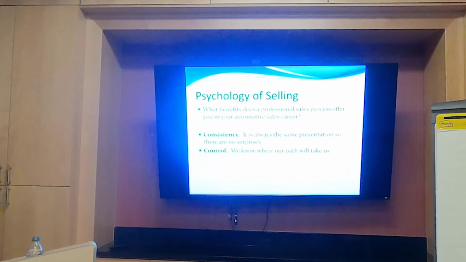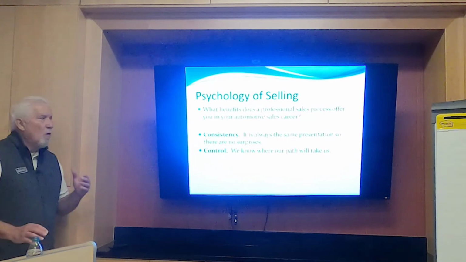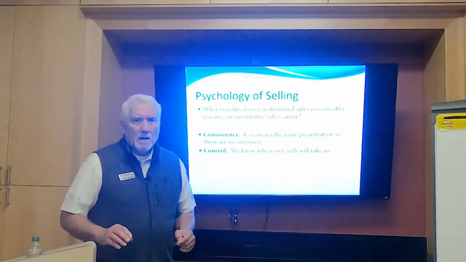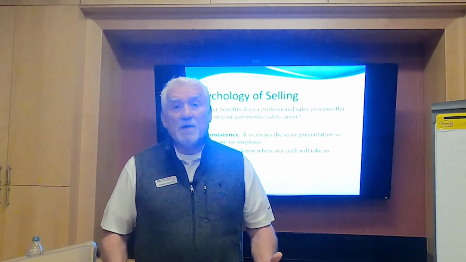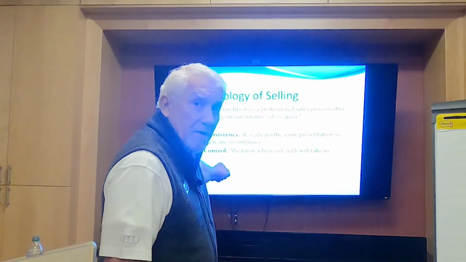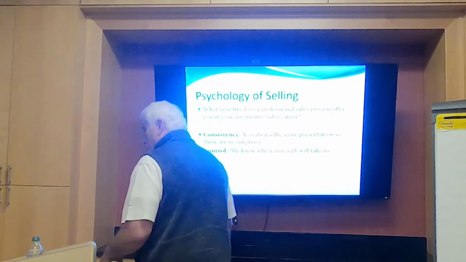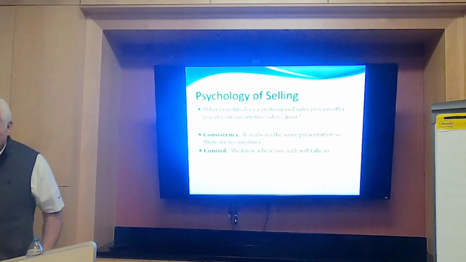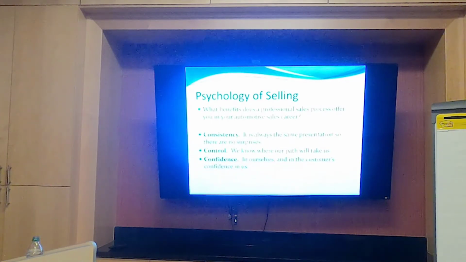Control. We know where our path will take us. If you'll be consistent with your process and our process in the dealership, you'll know that you're confident, which leads to control. Remember we talked about earlier during this segment that if the customer's in charge and got you fetching keys, then you're not in control.